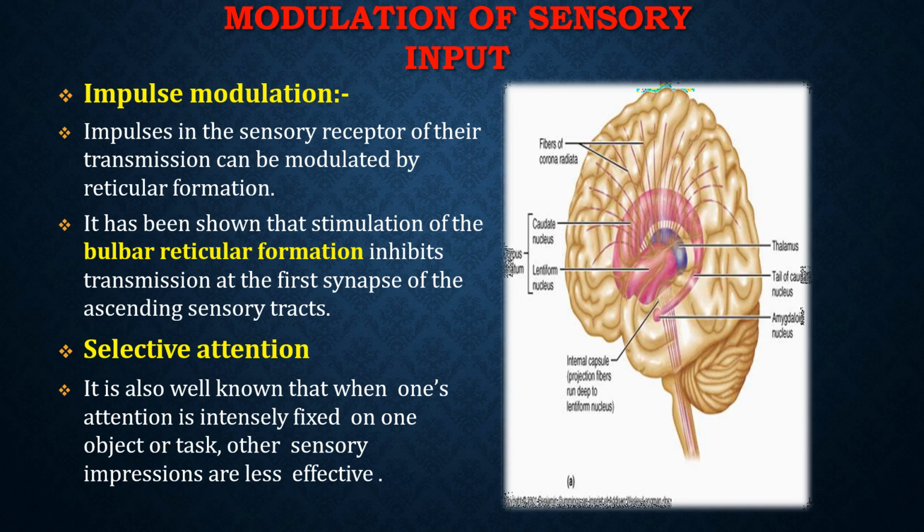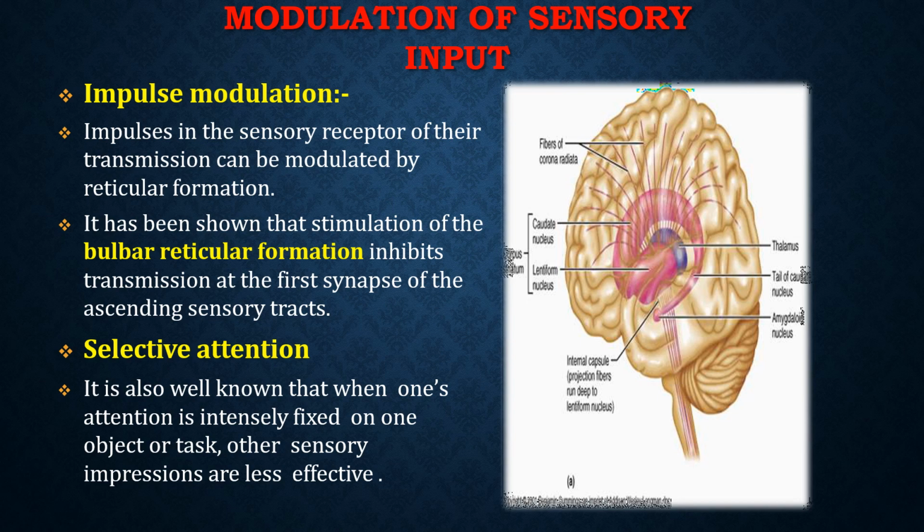It is well known that when one's attention is intensely fixed on one object or task, other sensory impressions are very less effective. Okay, so that is selective attention, which is a main function of the brainstem reticular formation. It ignores.